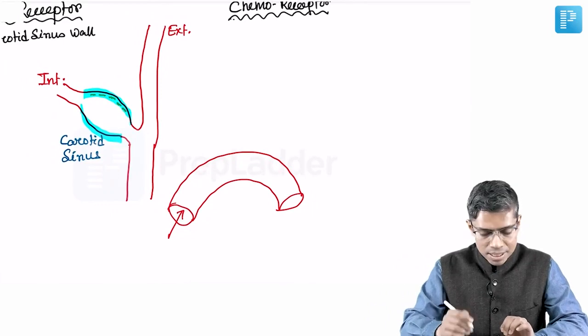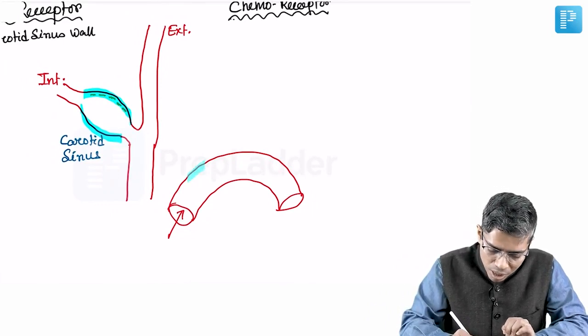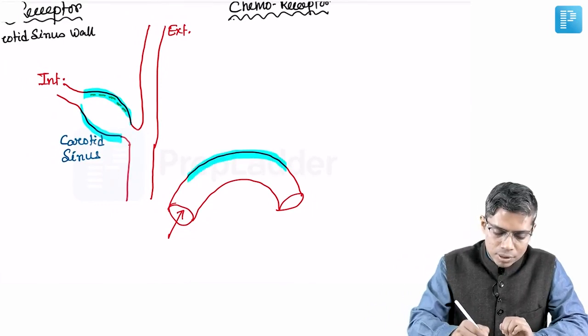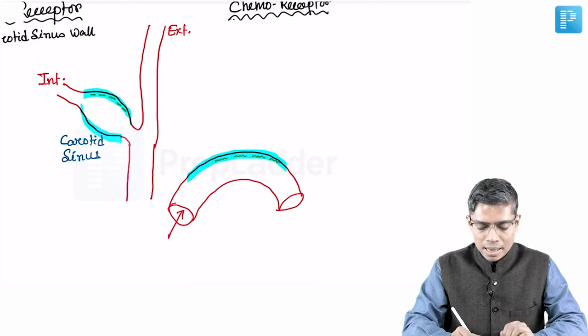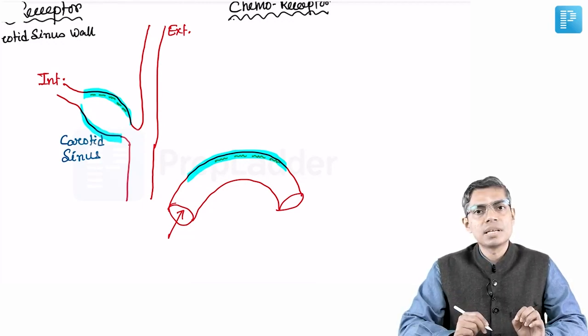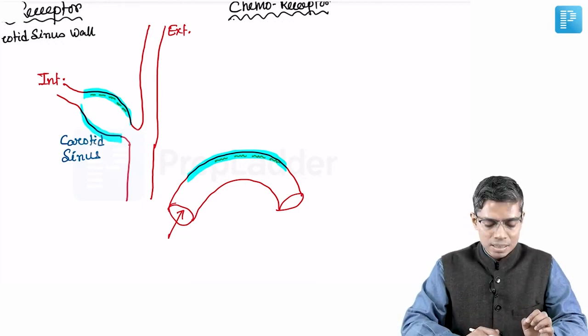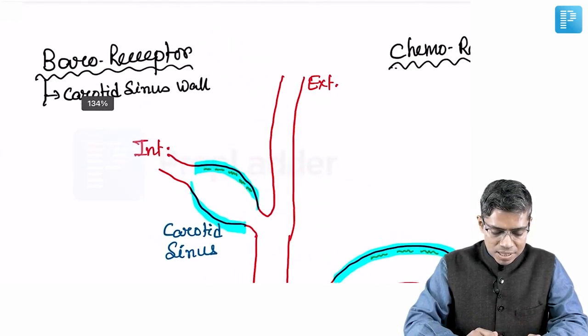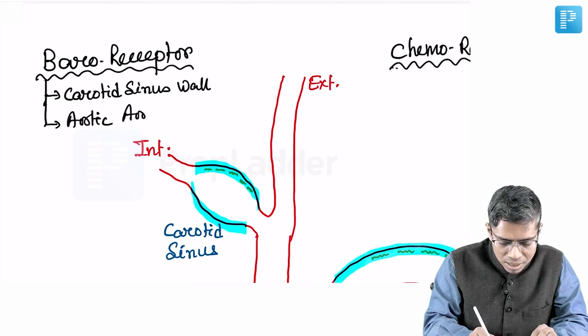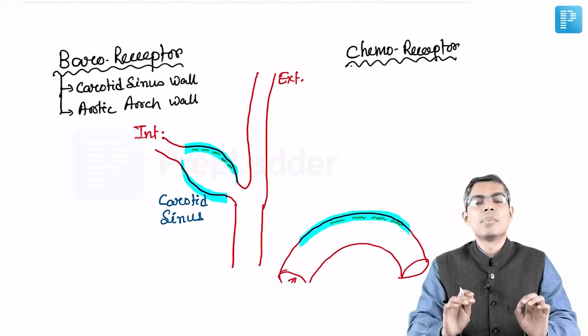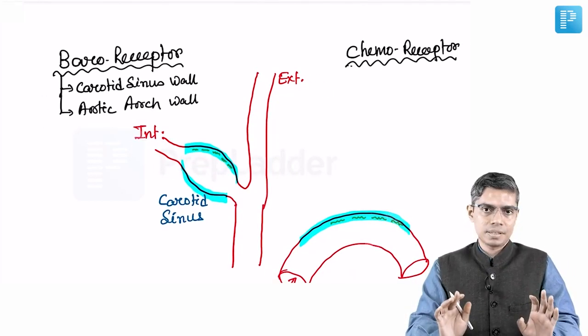Similar to the carotid sinus, the aortic arch wall also contains few mechanoreceptors or stretch receptors on the vessel wall, and again these receptors are known as baroreceptors. That means carotid sinus wall, and the second location is aortic arch wall. In both of these locations, the baroreceptor is present.